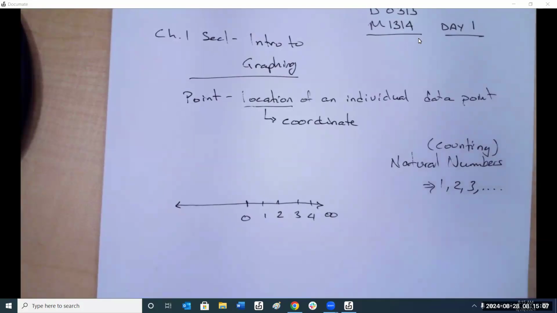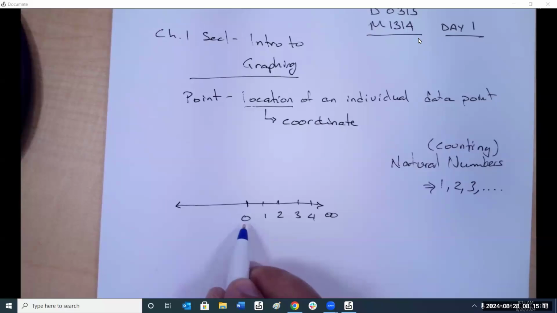So these start at 1, go to infinity. Well, then why do we invent 0? Because that was, out of all mathematics, one of the most difficult concepts to come up with.